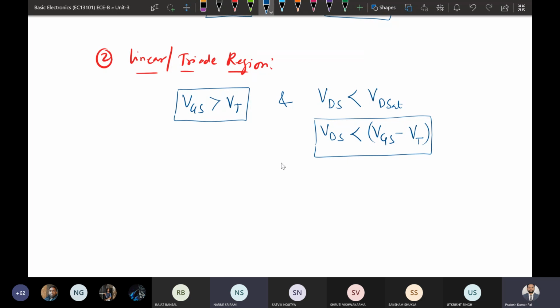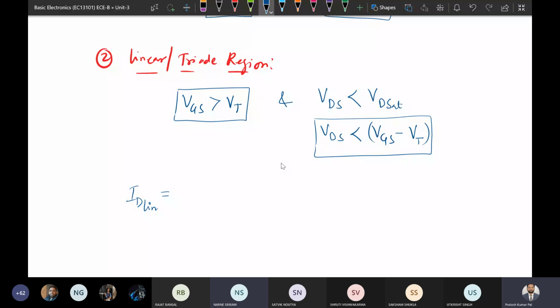If it is operating in linear region, there will be a current flowing, and that current is given by the equation for ID. In that case, ID is called ID linear, because it is the current in linear region.